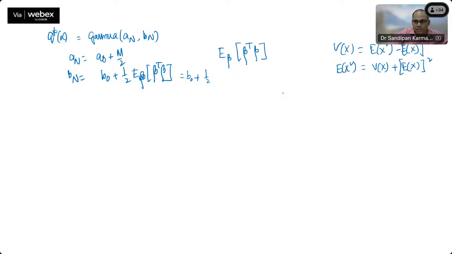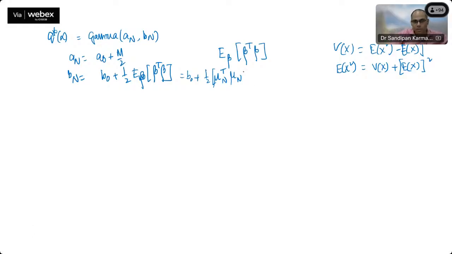Here it is E of x whole square, right? So E of x, if it is suppose mu, then it will be mu square. Now mu square, if you want to write in vectorized form, will be mu transpose mu. So we'll be getting this particular mu n for the normal distribution.